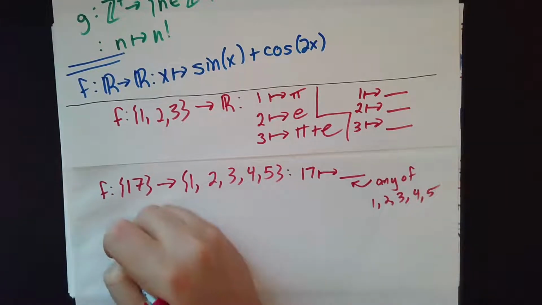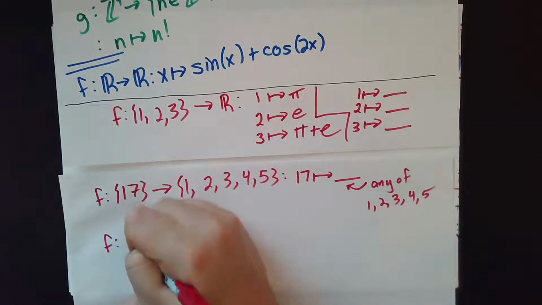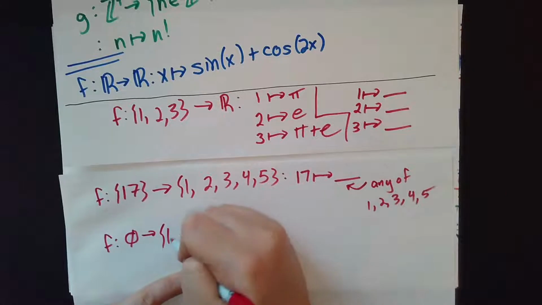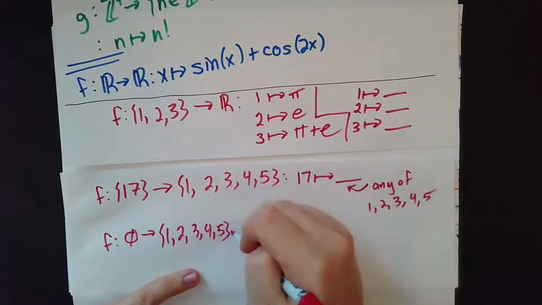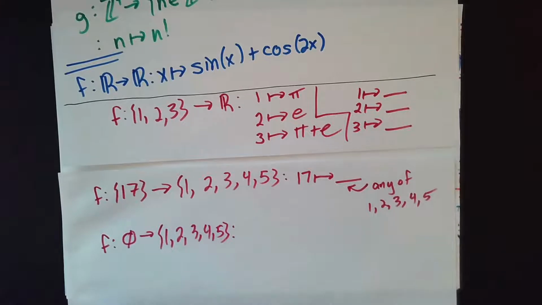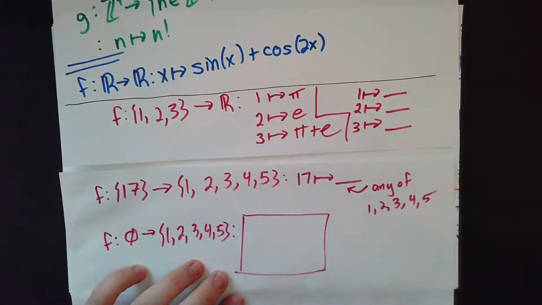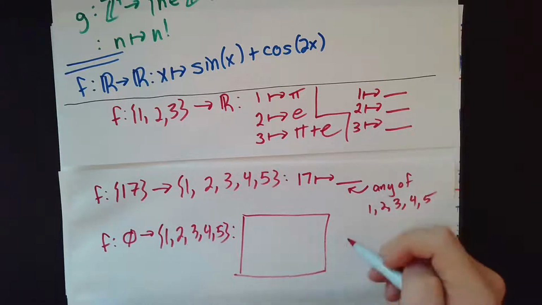Okay, so the thing that was asked about was then, okay, well, what about functions from the empty set to the set 1, 2, 3, 4, 5? Okay. And so in order to give a function from the empty set, what do I have to do? Well, I just have to specify where every element of the empty set goes. Okay. And this box that contains nothing contains a description of where every element of the empty set goes.